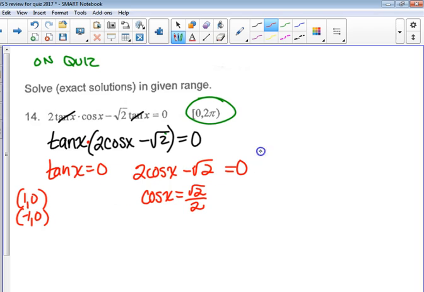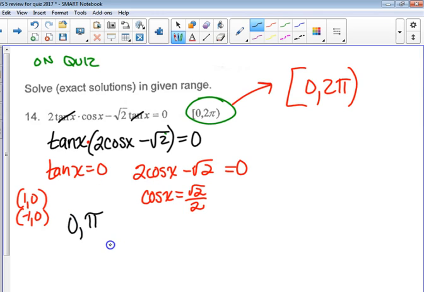So those were, look up here. This one says only 0 to 2 pi. And it says to call that 0, but not 2 pi, right? So what did we want to write for these two answers? 0 and pi. No plus or minuses. Why? As it said to stop at 2 pi.